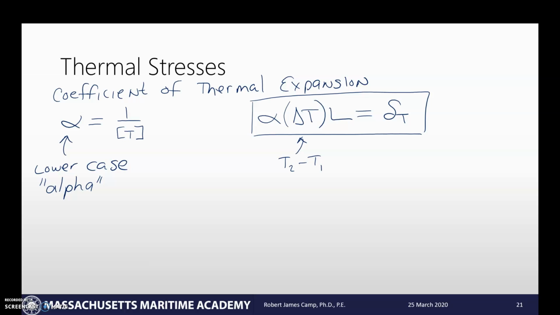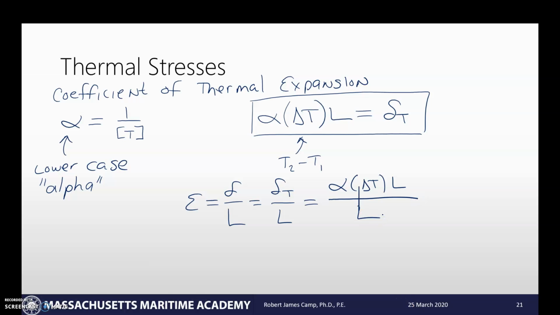We can also define thermal strain, because what is our definition of strain? Strain is nothing more than the deflection over the initial length. So if I take that thermal deflection divided by the initial length, alpha delta T times L divided by the initial length L, the L's cancel out.